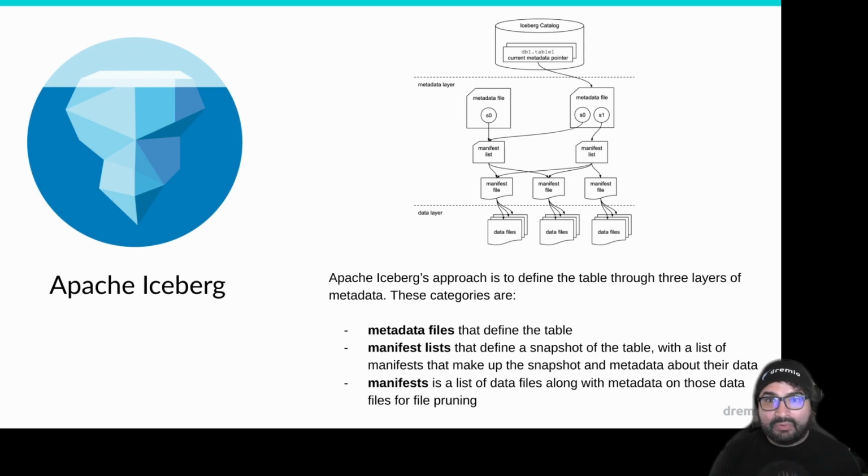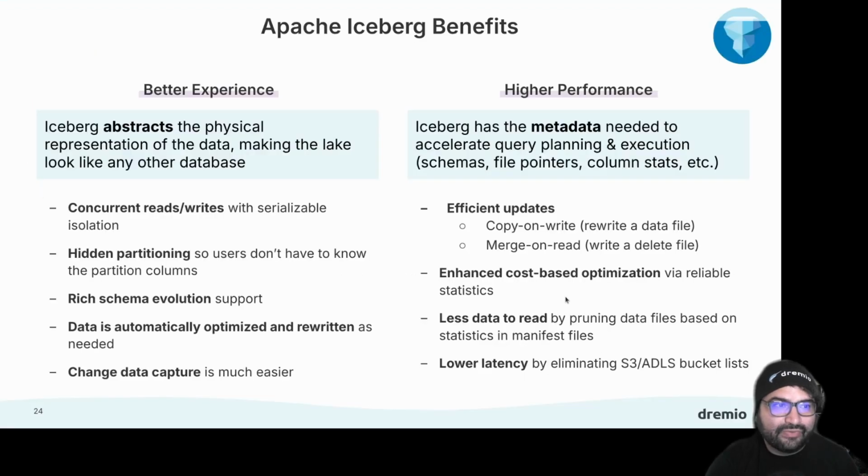That gives me performance for these large petabyte scale data sets made up of lots and lots of Parquet files, but also gives me transactional ACID guarantees, so that I can truly treat those data sets the same way I would treat database or data warehouse tables.